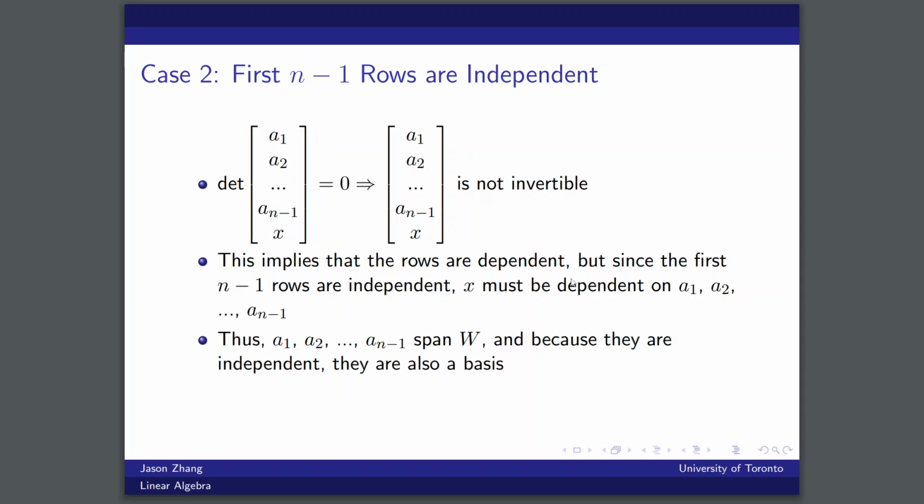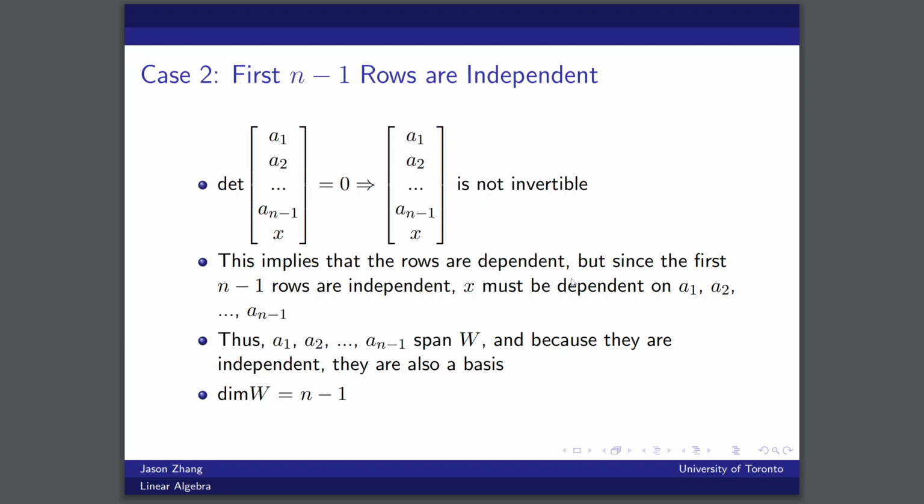Therefore, x is spanned by a1 all the way to an-1. And therefore, these n-1 vectors span W. But we also know they're independent. And if they span the subspace and they're independent, then they must be a basis.